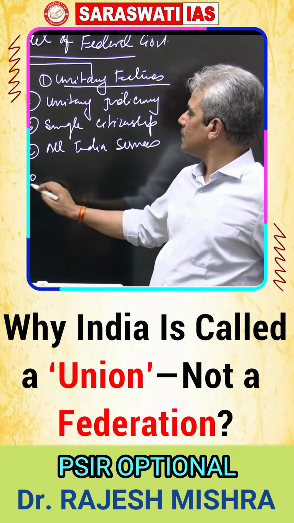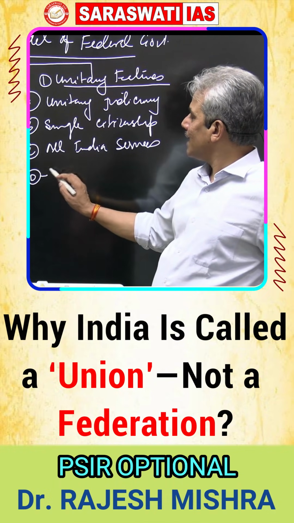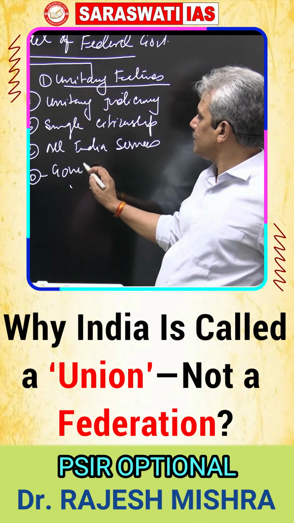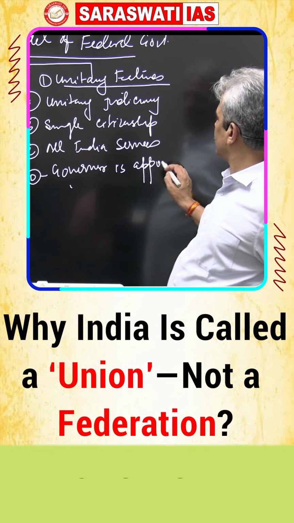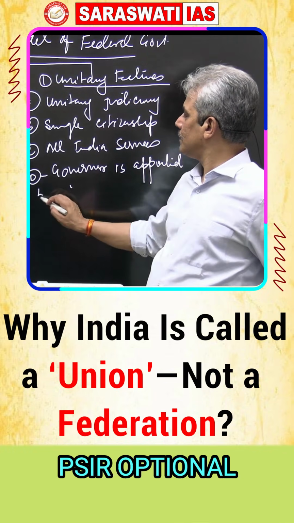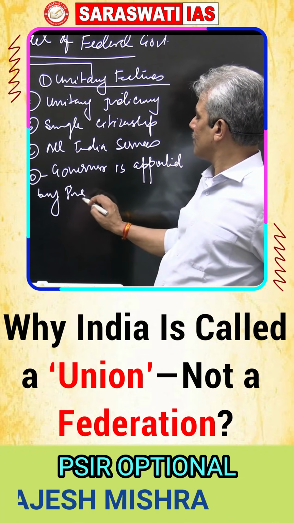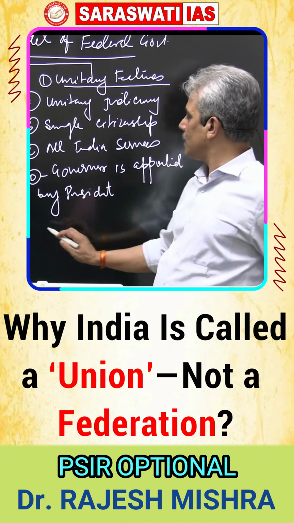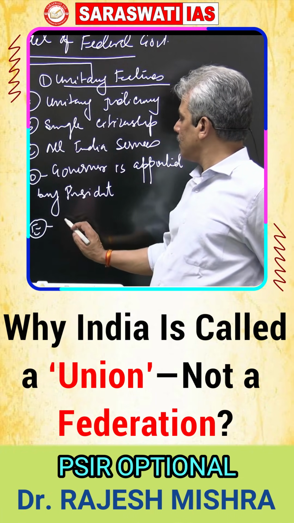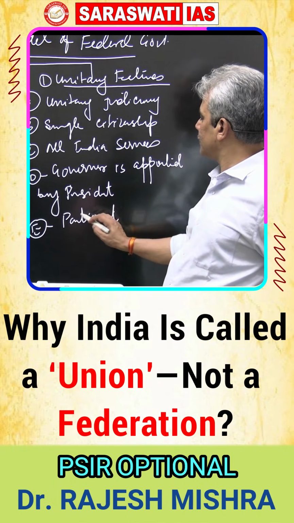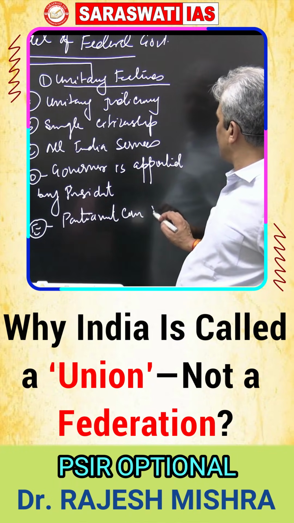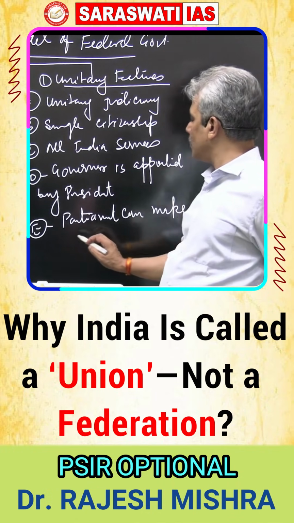Even the governor is appointed by the president, and Parliament can make a new state. Parliament can make a new state under Article 3 without any amendment.